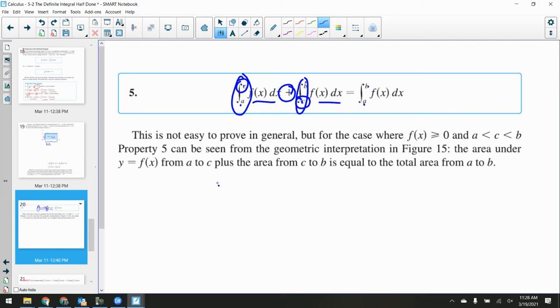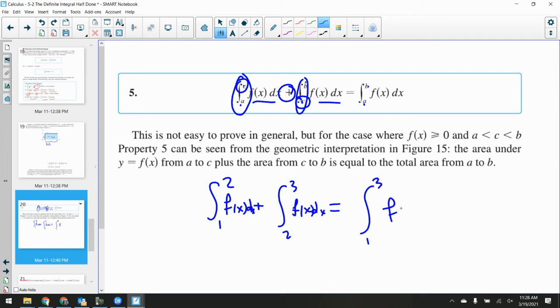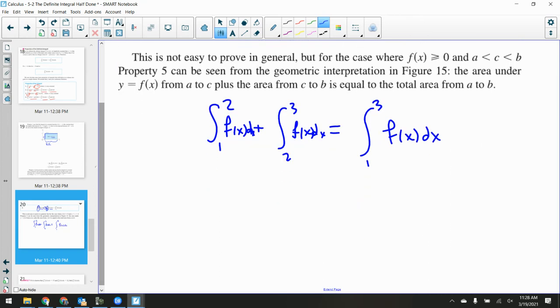For example, the integral from 1 to 2, and then the integral from 2 to 3, that's the integral from 1 to 3. Let's write it as f(x) dx, just as long as that's the same. Think about it logically.